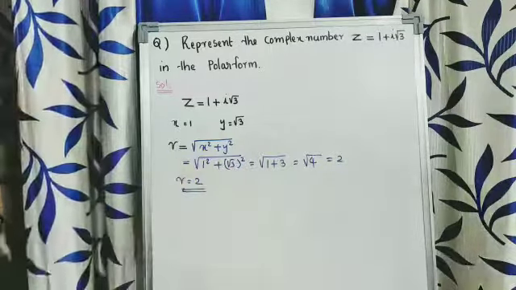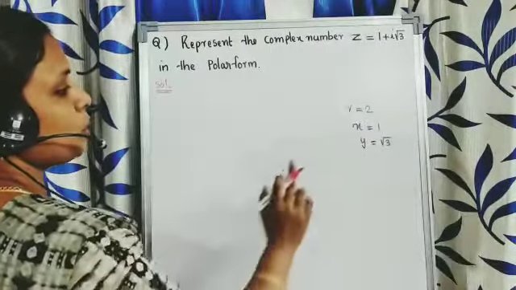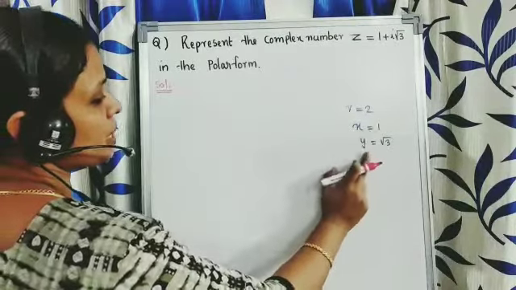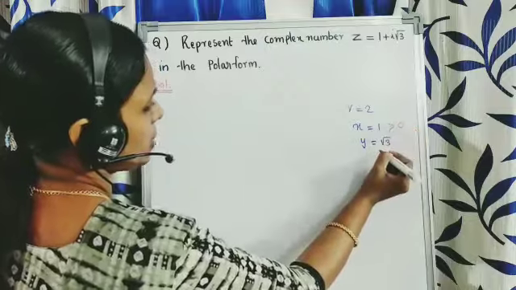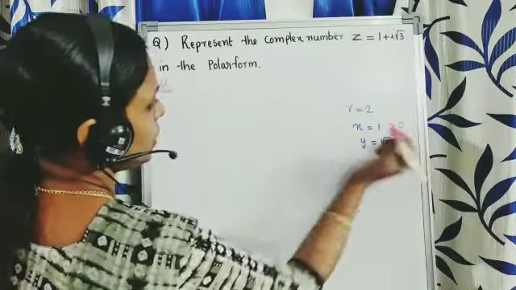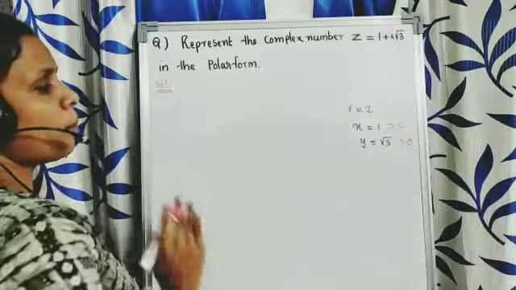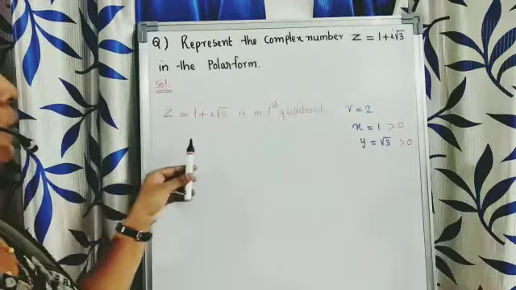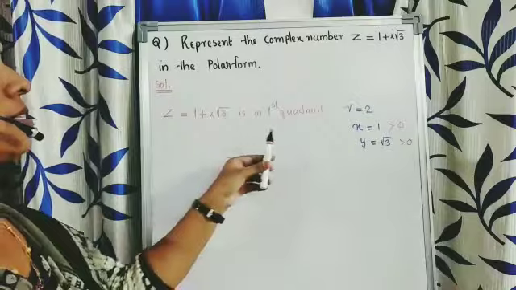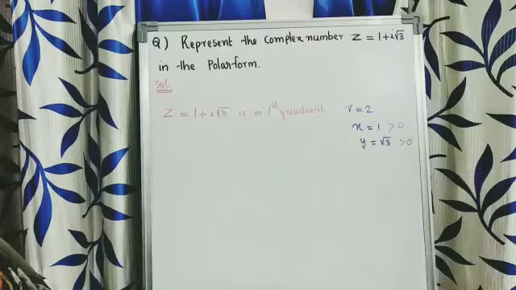Now we get r is equal to 2. Also we know that x is equal to 1 is greater than 0 and y is equal to root 3 is greater than 0. Then the given complex number is in the first quadrant.